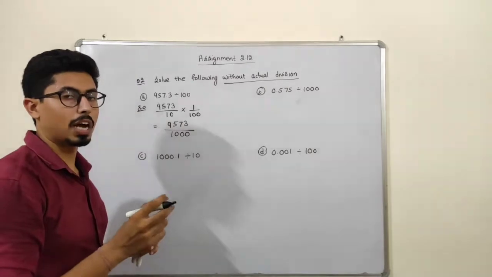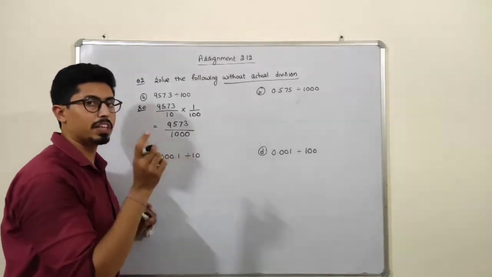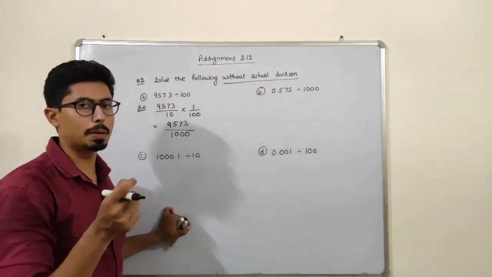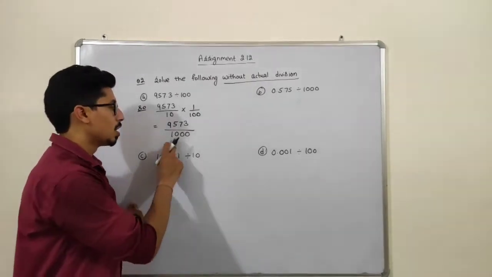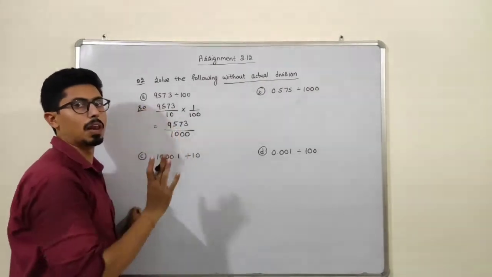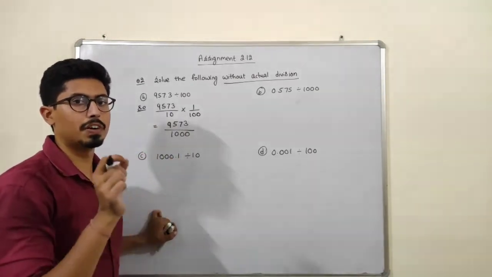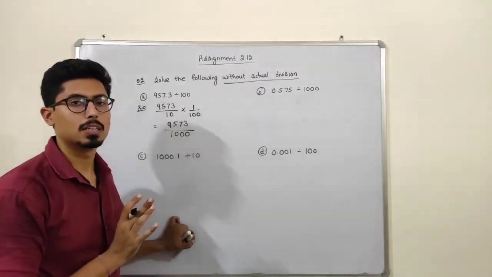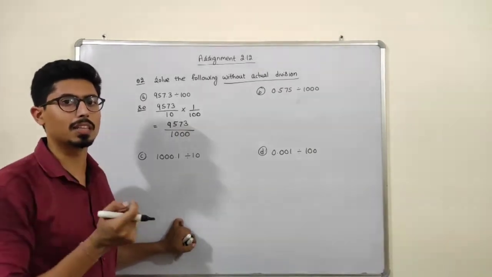Now students, I already told you in my previous classes also, if in the denominator there is a multiple of 10, it can be 100, 1000, 10,000, lakh, 10 lakh, or something like this, never just divide the numbers. Always just put the decimal.